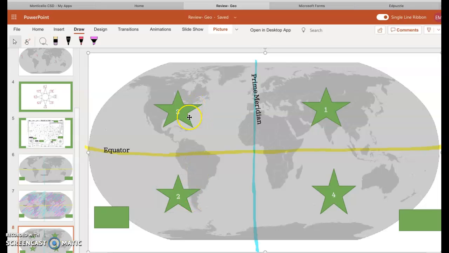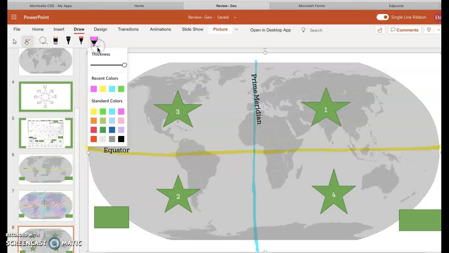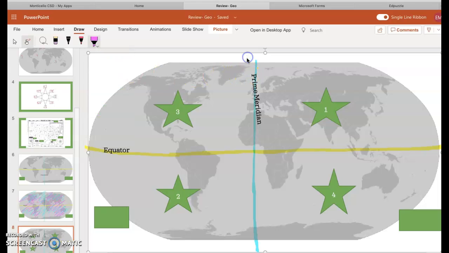What about number 3? The northern and western hemispheres. And what about number 4? The southern and eastern hemispheres. So remember, if you're thinking of a compass rose, we have north up here, south, west, and east.